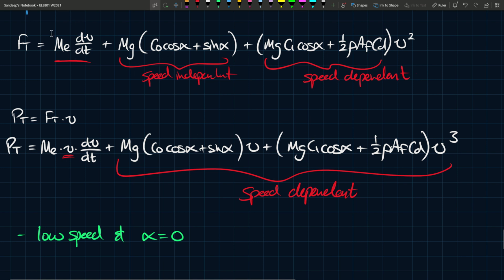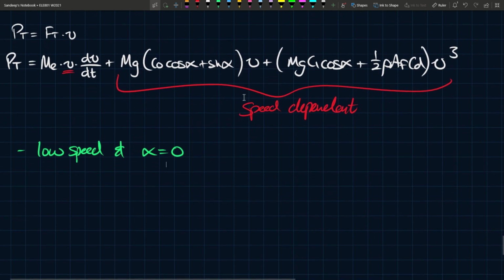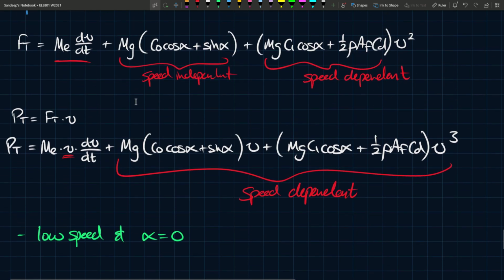And you see that in the first equation, if the speed is low, this term is really the only one that we care about, right? Because the speed will be changing. If alpha is 0, this term is basically a constant, and this term you basically don't care about. And in this equation here, if there's a low speed, this term is small, and this term is small, and this term is also small. So all of this stuff is small, and so the acceleration is the primary focus.